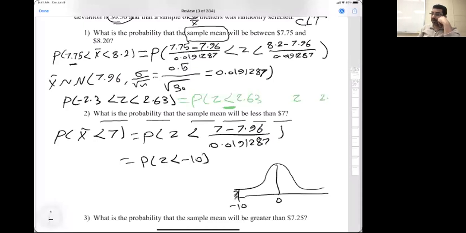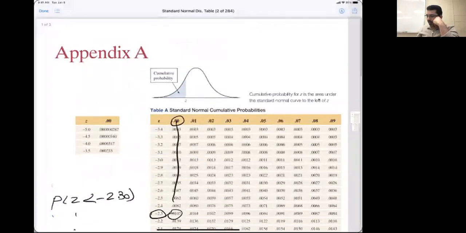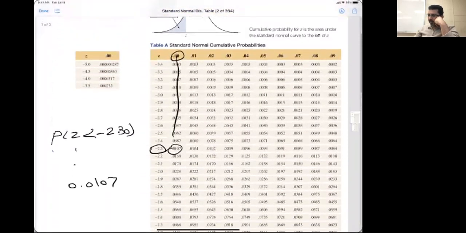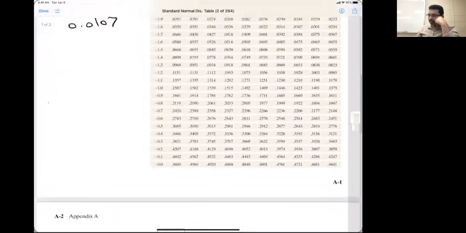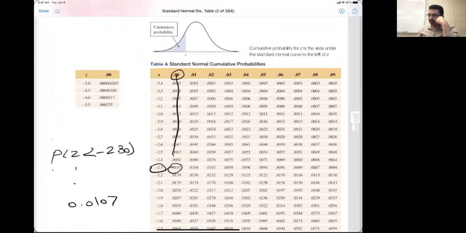Let's go to the table and look for negative 10 there. As you can see here, negative 0, negative 0.1, and so on. The last one is negative 3.4.